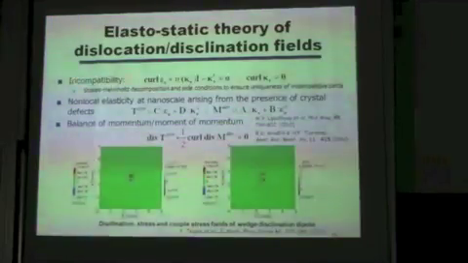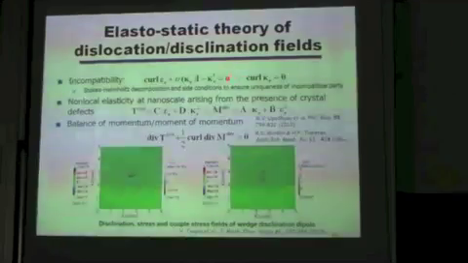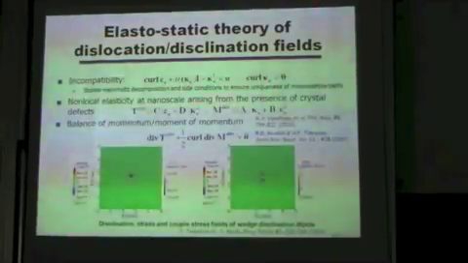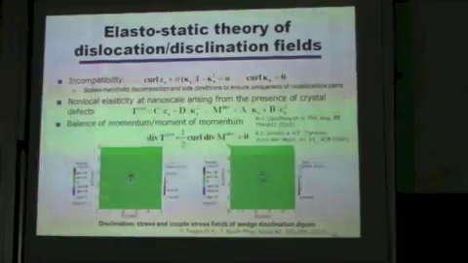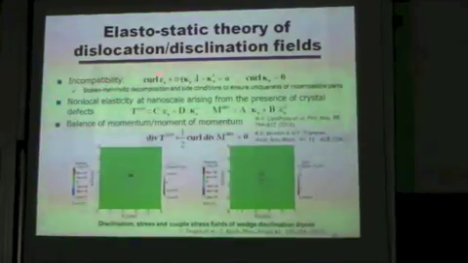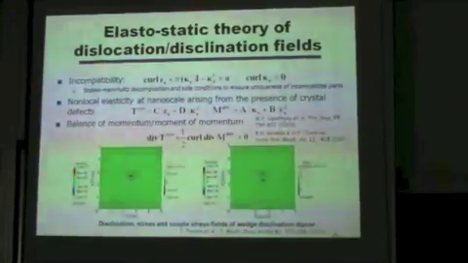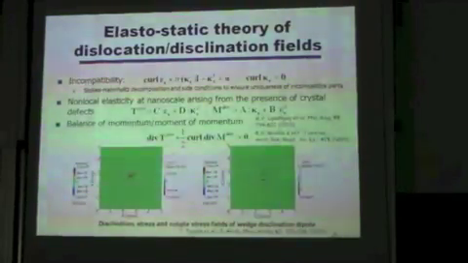So first the incompatibility equations that I already mentioned. Given here the alpha and theta densities, the problem is to solve for the elastic curvature and the elastic strain. For this we use the Stokes-Helmholtz decomposition, but I will only elaborate if you ask questions.